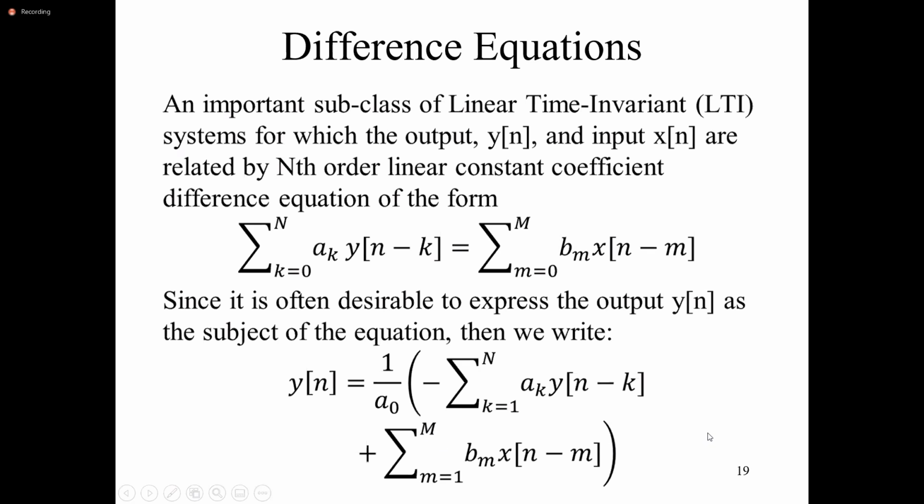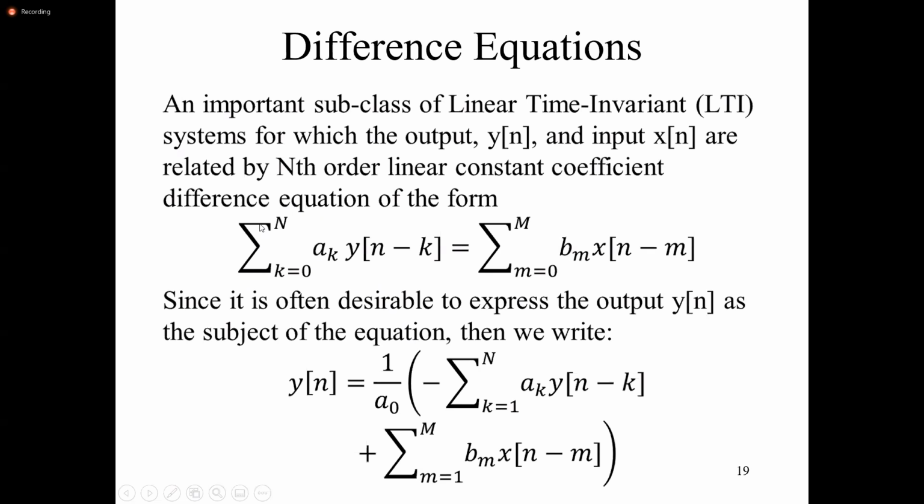Excuse me, sir. Could you just explain again how you got the 1 over A naught? Okay. I should really have perhaps tried writing out the first couple of terms. But if we expand the left and the right summations, right?